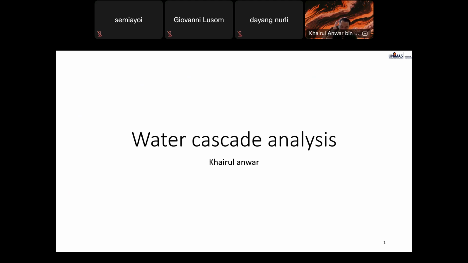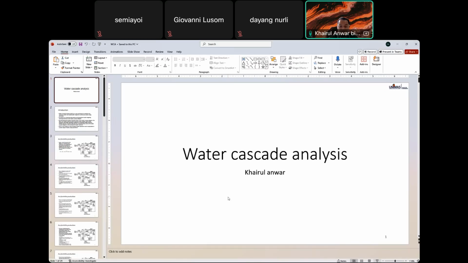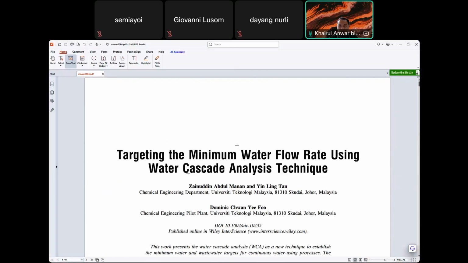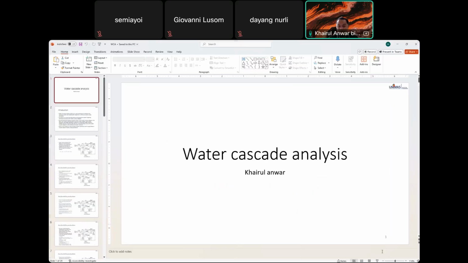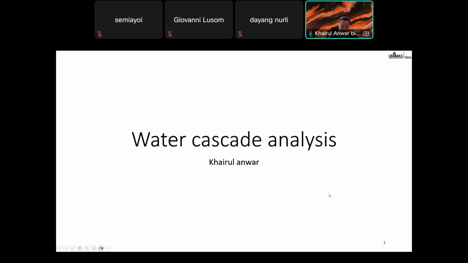This is under slide 2. The paper itself is targeting the minimum flow rate, targeting the minimum water flow rate using the water cascade analysis technique by Professor Zainuddin in 2004. So this slide is based on this paper.